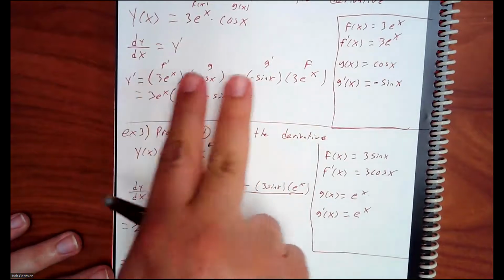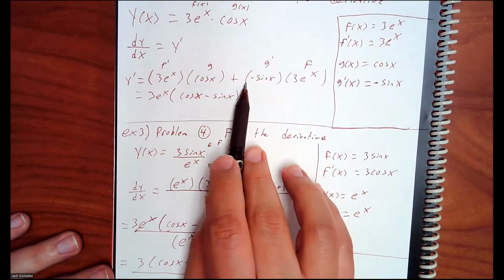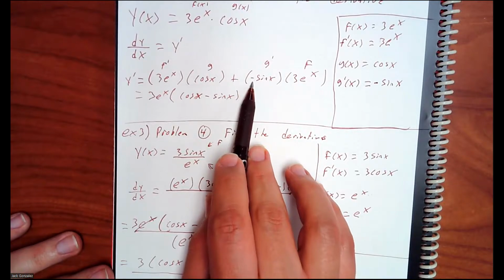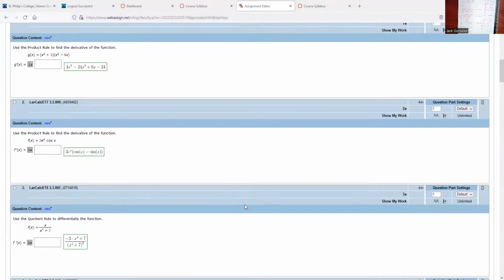But you technically have two terms. It might have this as negative 3e to the x in front of the sine, but it's the same thing. Let's see how they wrote it. I'm pretty sure it's the same thing. Yeah, they factored the 3, but you don't have to do it that way. If you had left it as two terms with the 3e to the x in front, that would also have been correct.